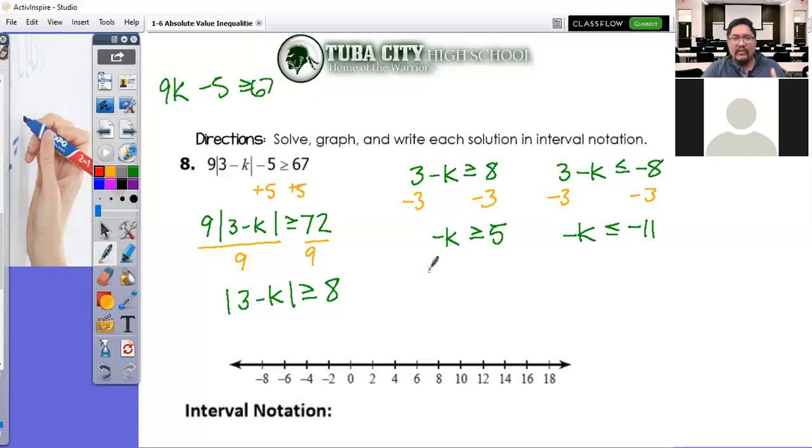When you're working on these, you can just pick one of them, but there are 2 things you can do. This is usually, and again, this is what I was taught when I was in school, usually kind of what I think of. But you can also divide both sides by -1. And when you divide both sides by -1, like for this one here, we're multiplying everything by -1. Over here, I'm going to divide everything by -1.